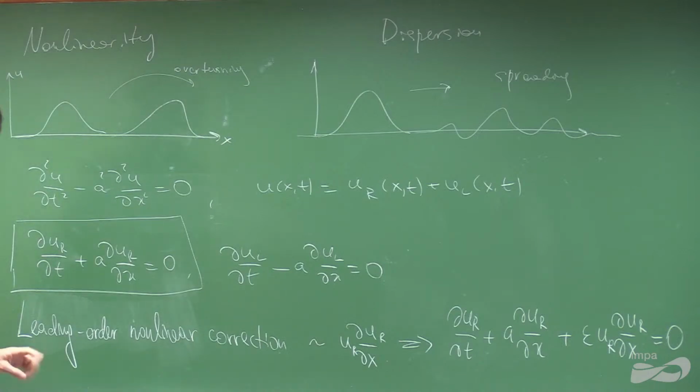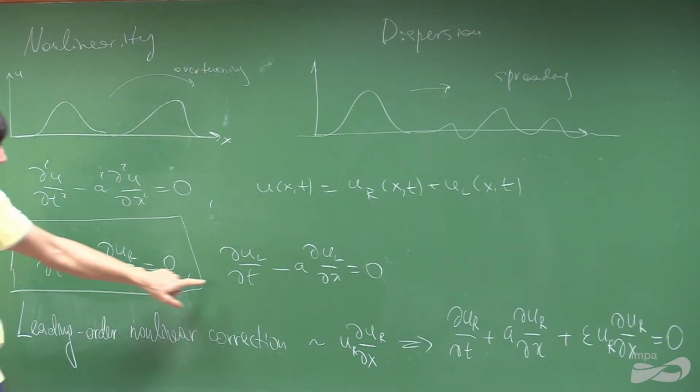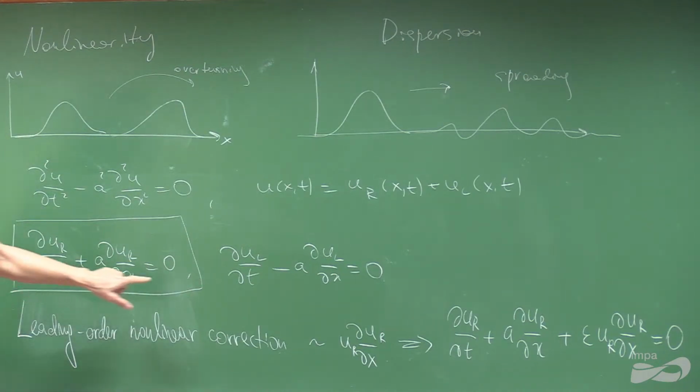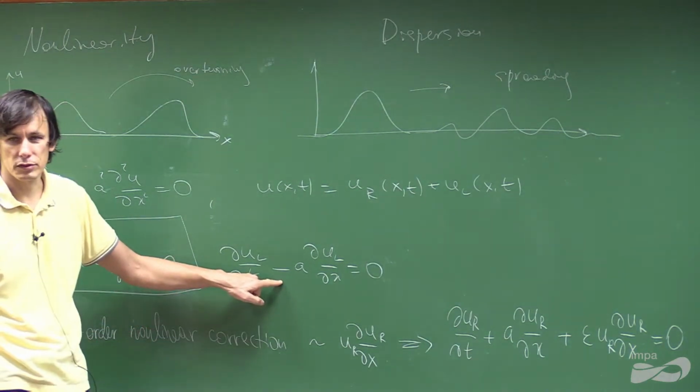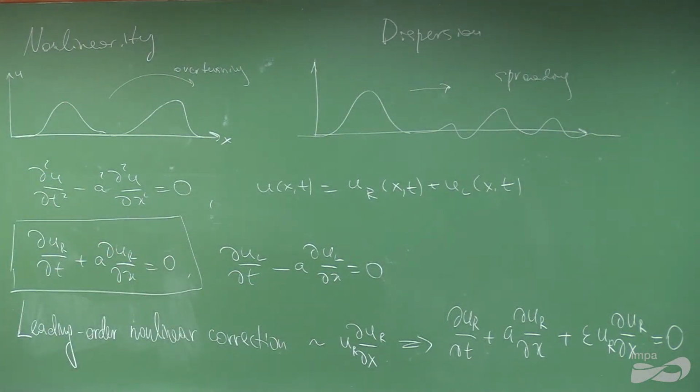Now here you should be careful, because P and T symmetries are symmetries of the full wave equation, but they are not symmetries of the right-going wave and left-going wave separately. Whenever you change x to minus x, the right-going wave becomes left-going wave. And this is exactly what you see: changing x to minus x, you get minus here, so this becomes this equation. And also if you change time, the right-going wave starts going backwards and becomes left-going wave.